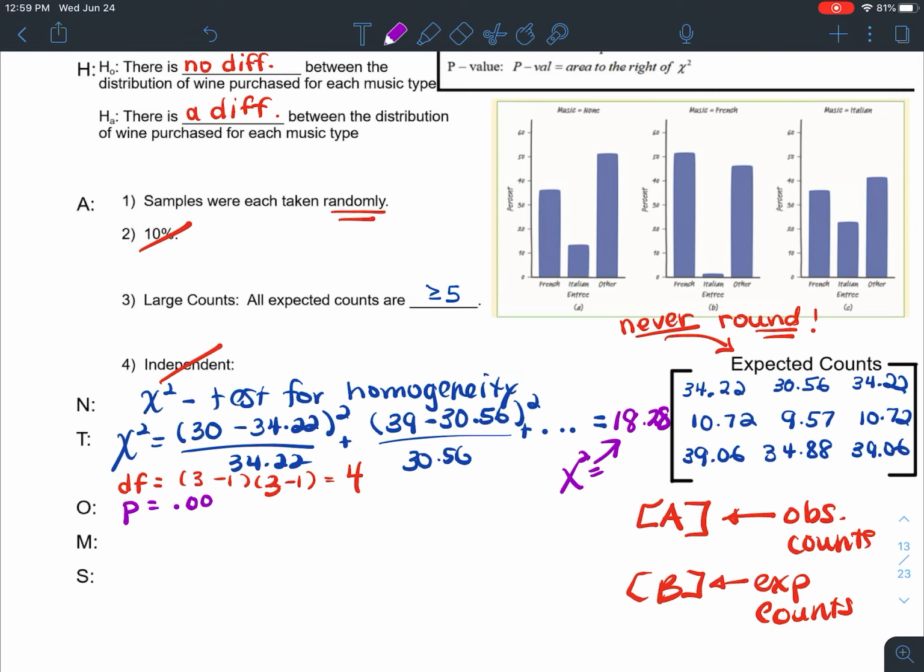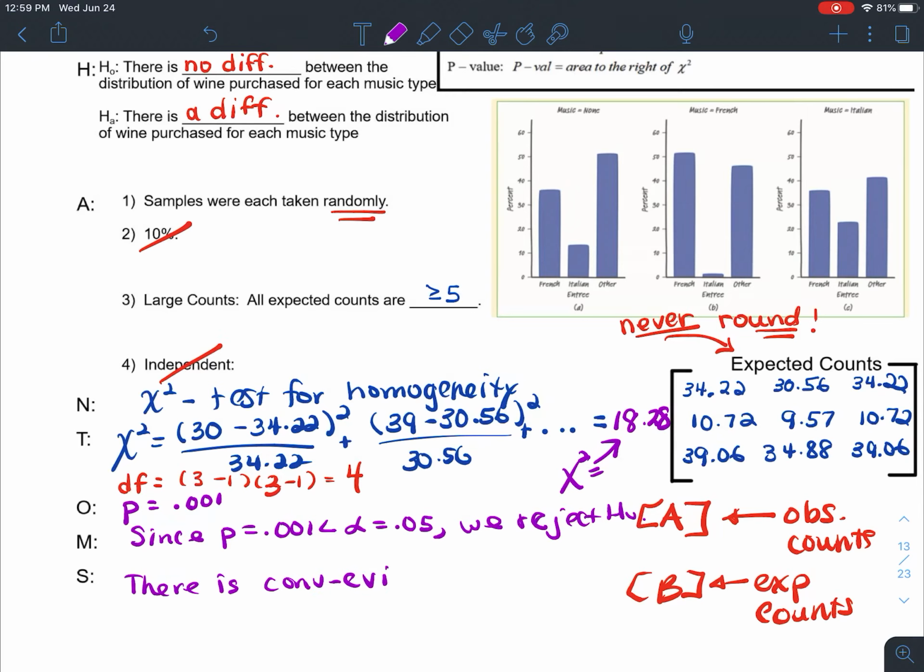All right, so on the calculator, it should spit out to you that the chi-squared test statistic is 18.28. That gives you a p-value of 0.001. We then would say that a p-value of 0.001 is definitely smaller than an alpha level of 0.05. So we are going to reject the null hypothesis, which means that we actually have convincing evidence that, remember, this is always about the alternative.